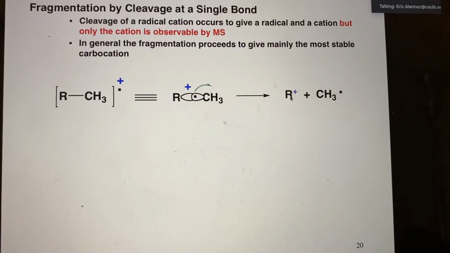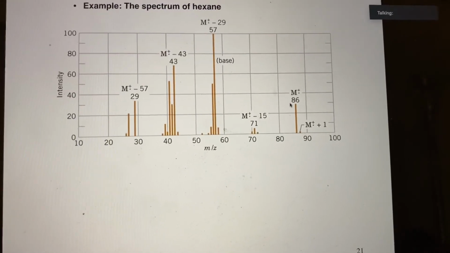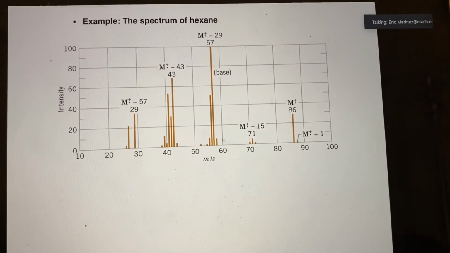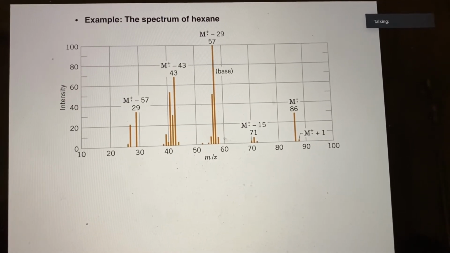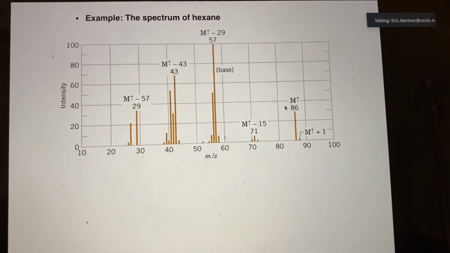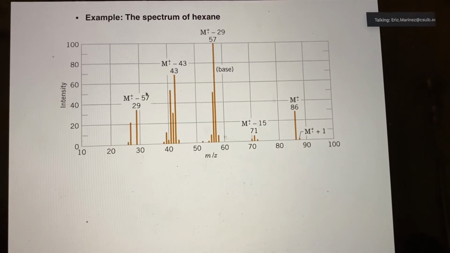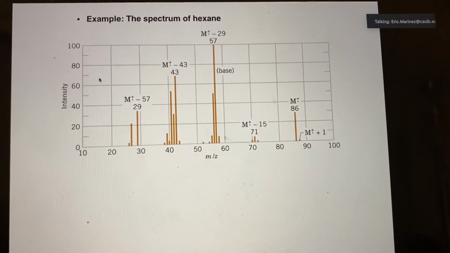Let's see an example of that. Here's the spectrum of hexane. This is the molecular ion peak, and I can lose all these different fragments. Let's see what's going on here.